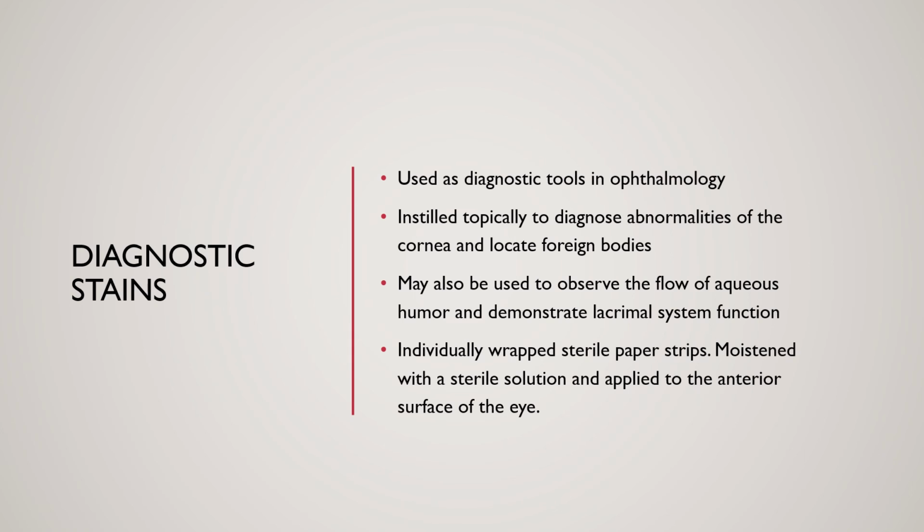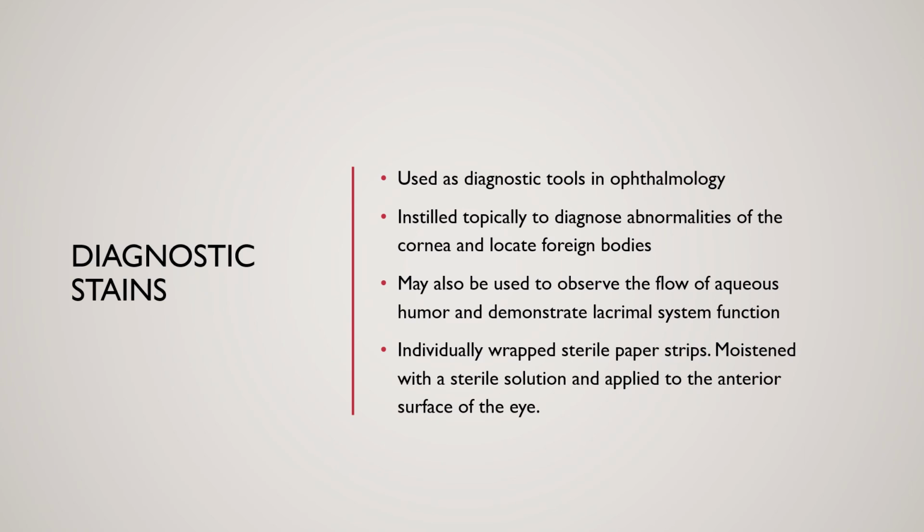Okay, and then finally, we have the diagnostic stains. Okay, these are used as diagnostic tools in ophthalmology. They're usually instilled topically to diagnose abnormalities of the cornea and also to locate foreign bodies.